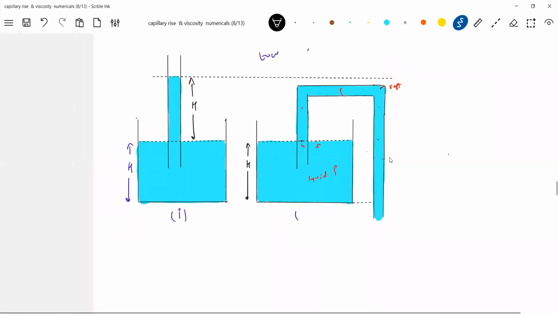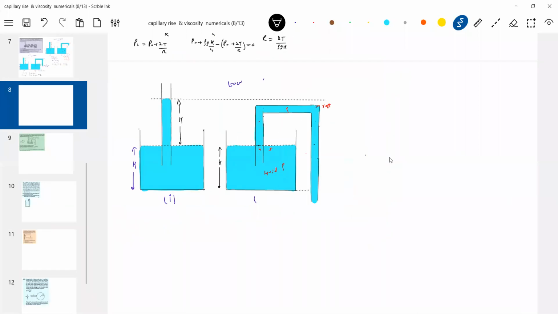What will happen to the water? Can it really hold that? Now you should really answer this question. Will the water flow, or can the force due to surface tension still balance the weight?